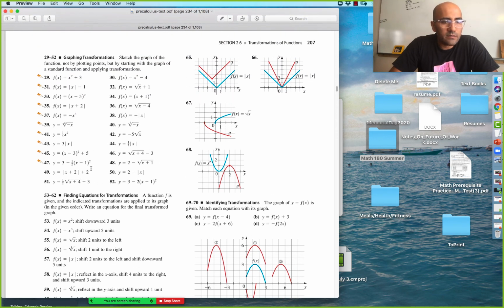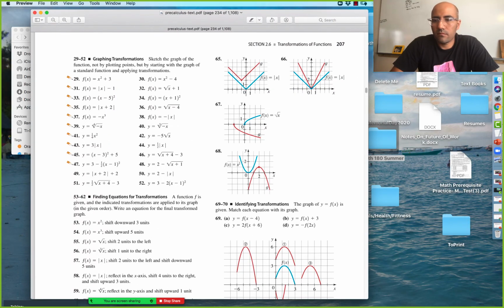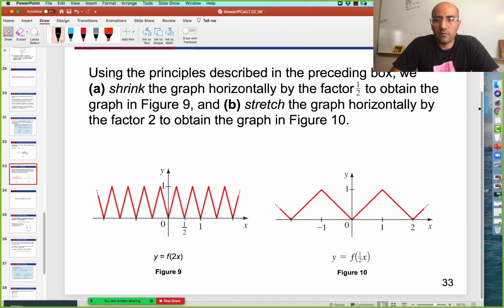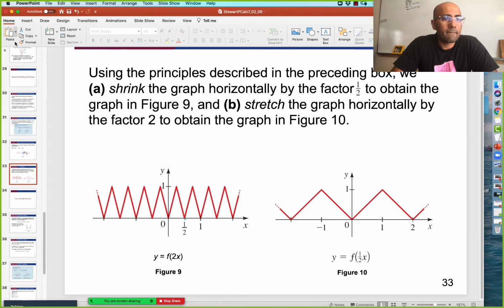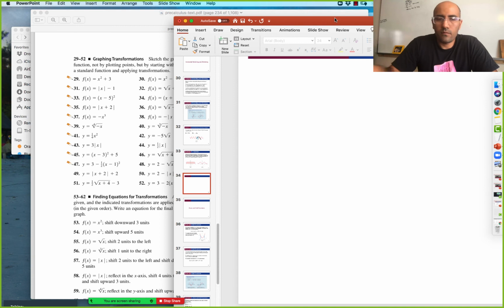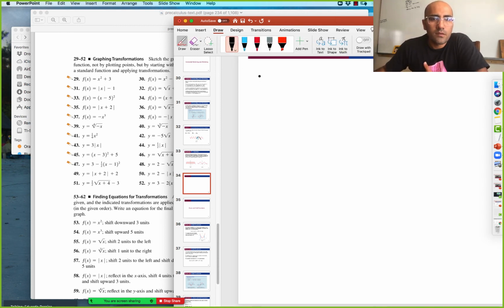All right, let's take a look at something like one of these. 3 minus a half. Let's get a rough sketch of what this would look like. I just want you to get a rough estimate, sketch the graph.